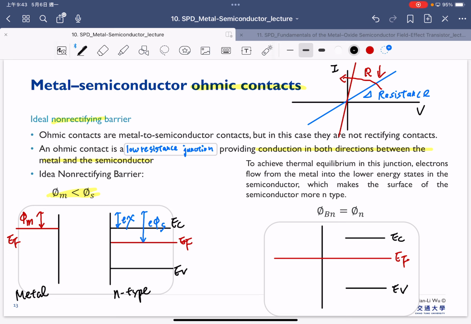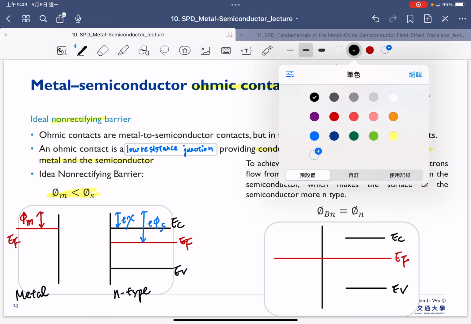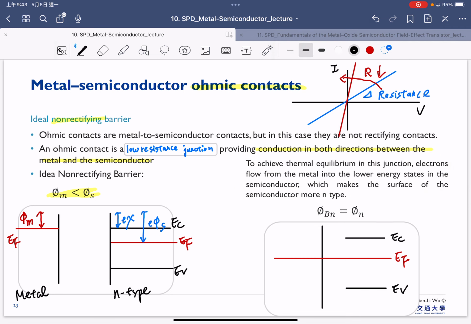And because right now we try to align this with this. So this will be connected as a constant, and therefore we can expect the band bending like in this way.